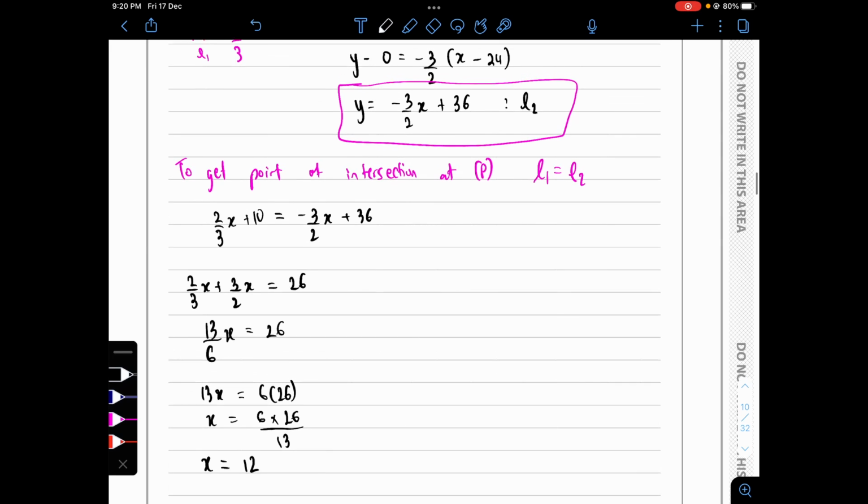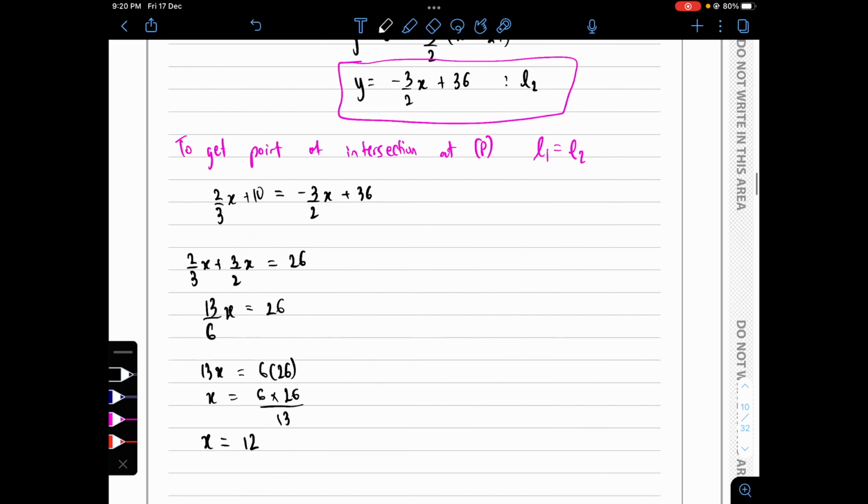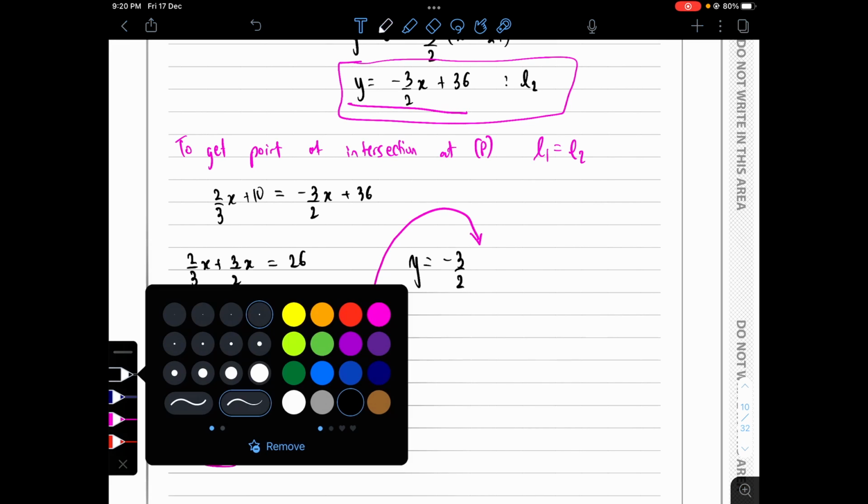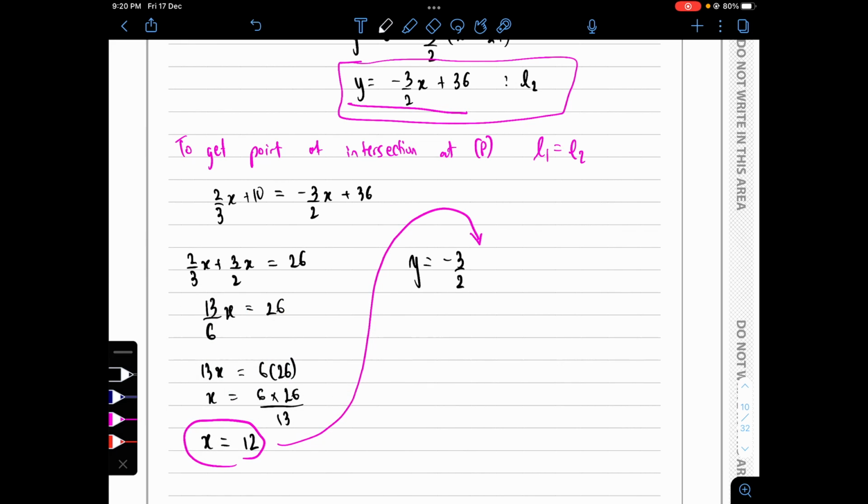We can just substitute it back into any one of these equations. For simplicity, because I already have it here, I'll just sub it into L2. So we will get y equals minus 3 over 2, times 12, plus 36.